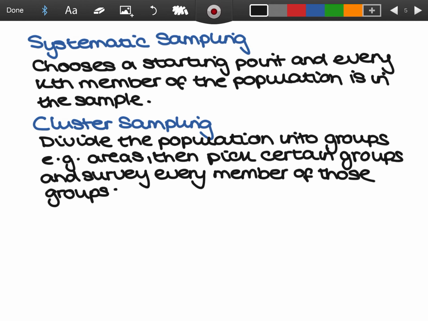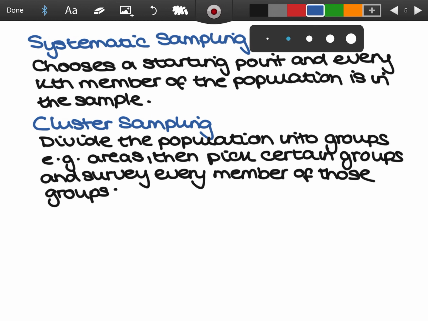So it's good that you are choosing multiple areas that you're going to survey, but you're not choosing enough randomly throughout the world in order for this to really be representative. So you have to be very careful with cluster sampling as to how you choose your groups. And you have to make sure that those groups or the areas are far enough apart and far enough diversified that this would actually be a representative sample. But you do survey every single member of the groups that you pick to survey.